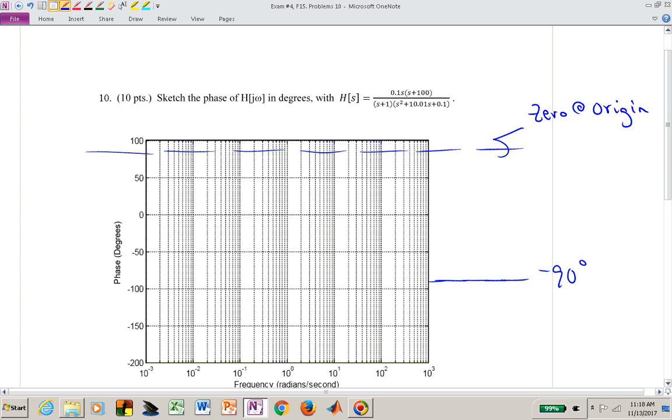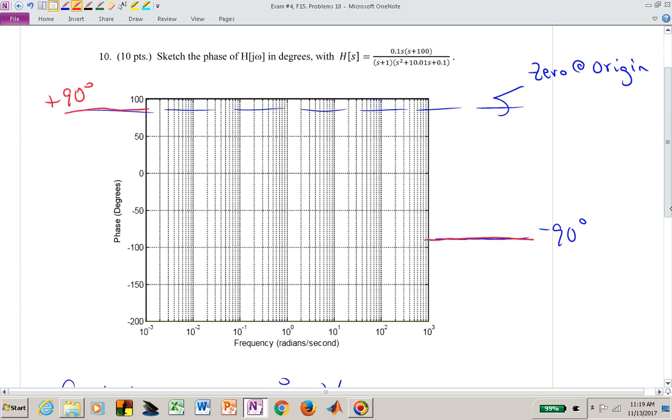The highest frequency is this 100, so a decade beyond that is 1,000. Once we reach 1,000, which is right here, we need to be at minus 90 degrees. We're starting at plus 90 and finishing at minus 90. If you do nothing else, at least you've given me that information for some partial credit on the exam.